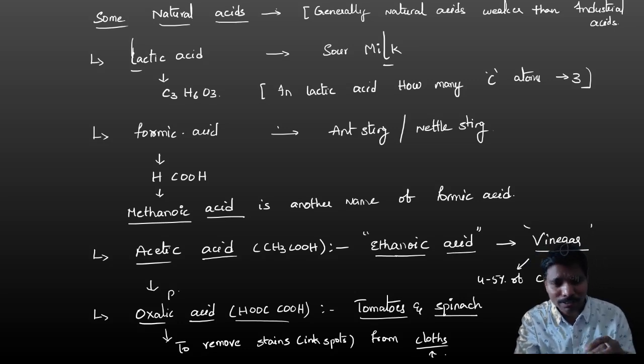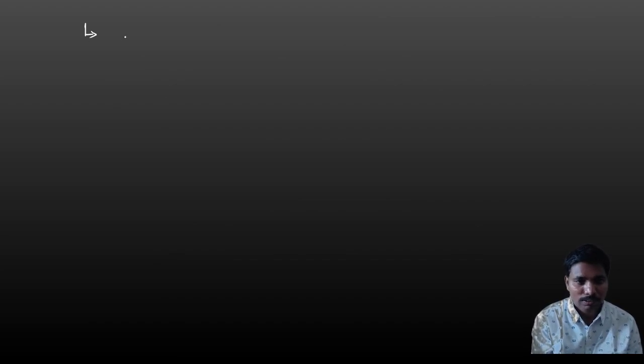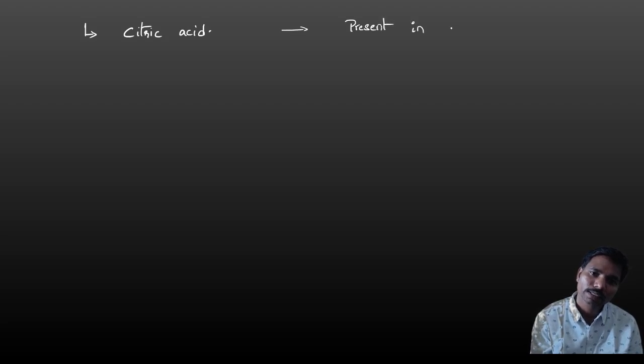Coming to the next one, the formulas are very important. Don't worry, at the end of this session I will give some tricks to remember also. Coming to the next one, citric acid. You know very well about this citric acid, present in citrus fruits like lemon, oranges.